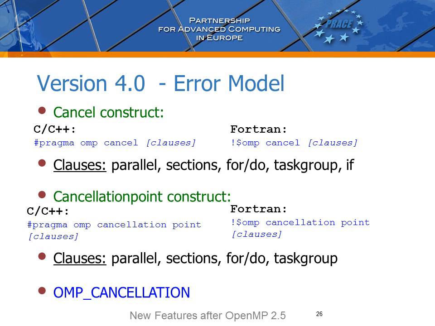The value of this environment variable must be true or false. If it is set to true, the effects of the cancel construct and of cancellation points are enabled and cancellation is activated. If it is set to false, cancellation is disabled and the cancel construct and the cancellation points are effectively ignored.